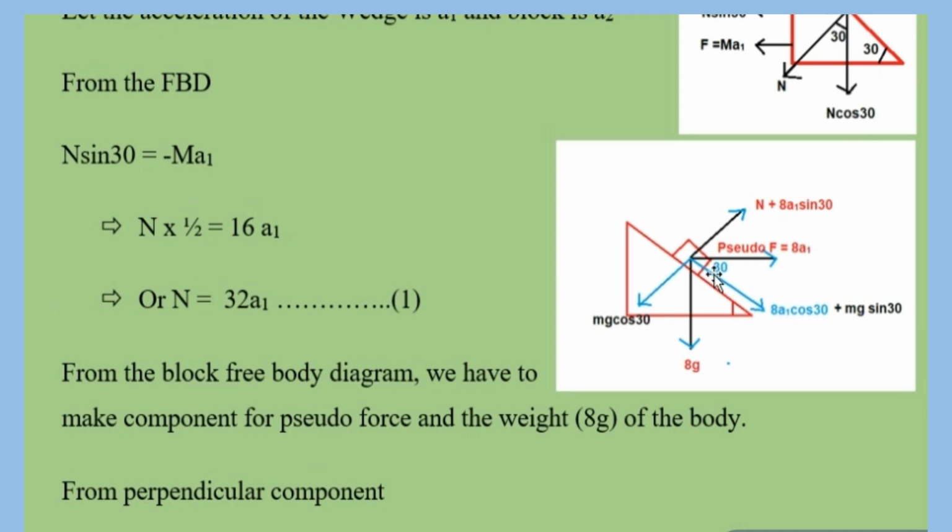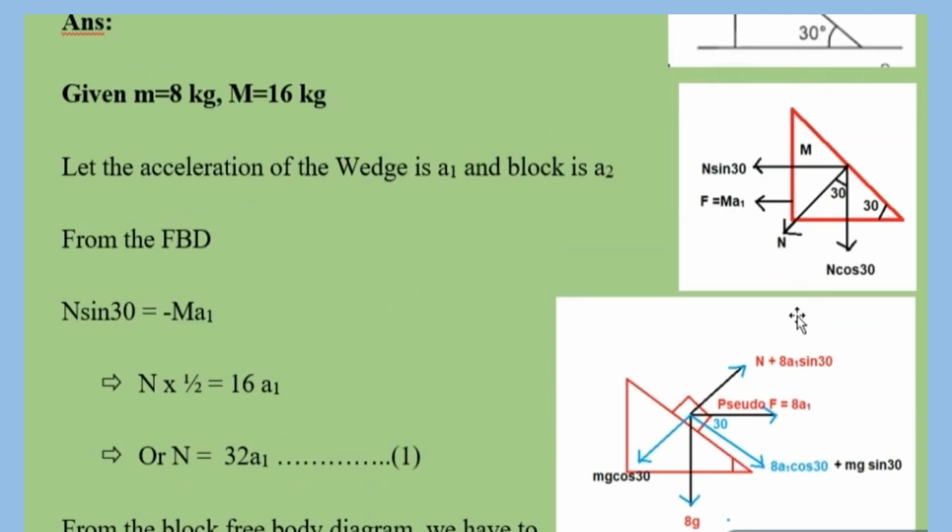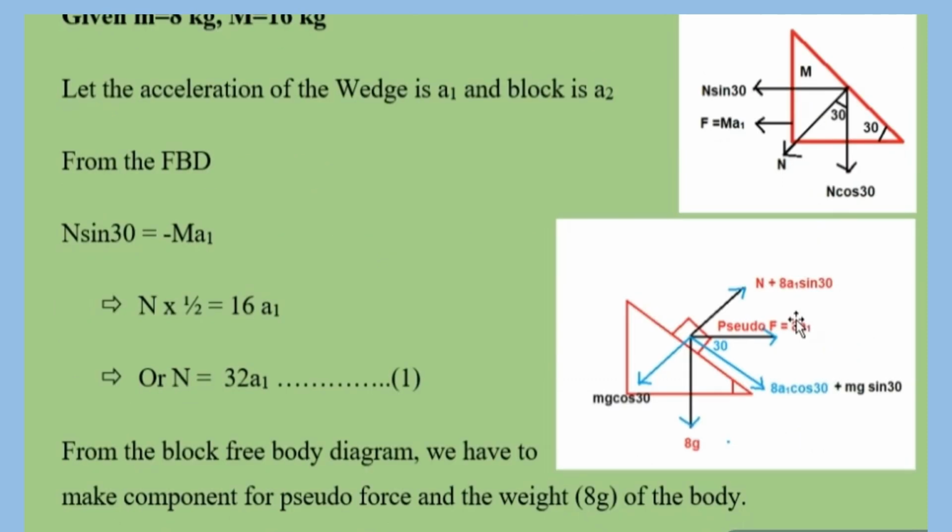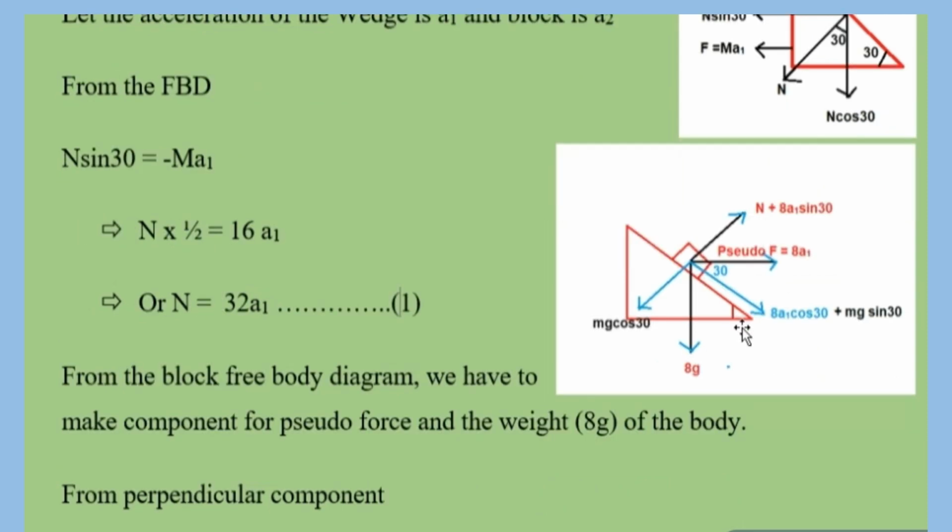In that, we have to take a pseudo force acting just opposite. So F is equal to 8 a1, that is nothing but the mass of the small body times the acceleration of the wedge.